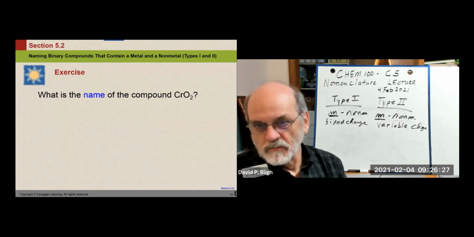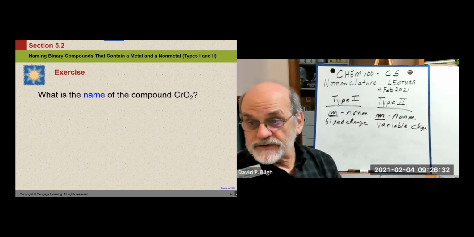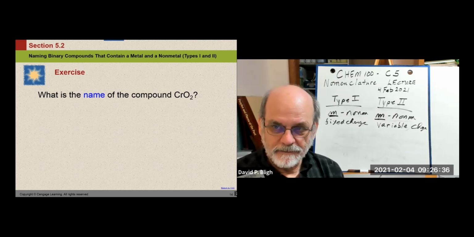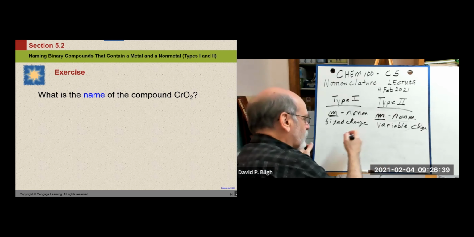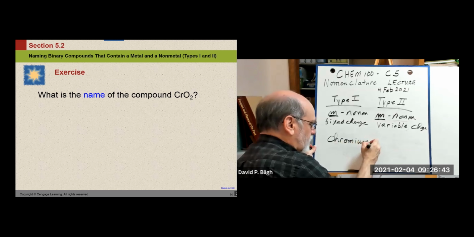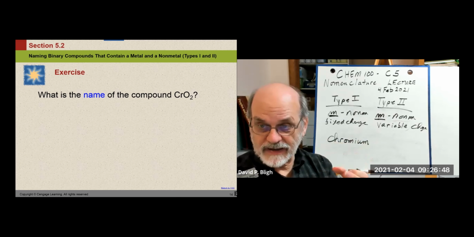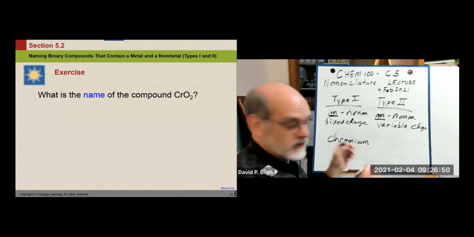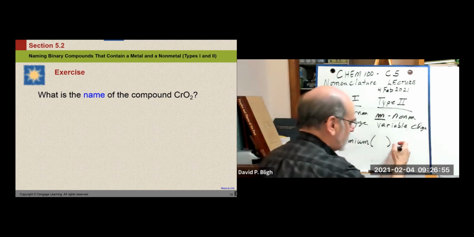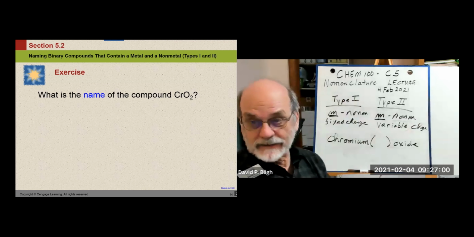All right. What is this one called? CrO2. Well, you have to know what Cr is, right? Cr is chromium. So you take that one and you say chromium. You know where chromium comes from. It's a transition metal. So you leave a space for the charge because you don't know the charge yet. And then it's combined with oxide.